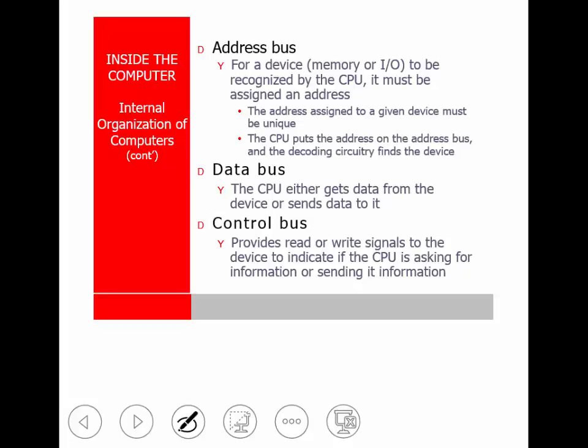Same thing if we go to a 32-bit microprocessor. The larger the data bus, I like to look at it as a highway.